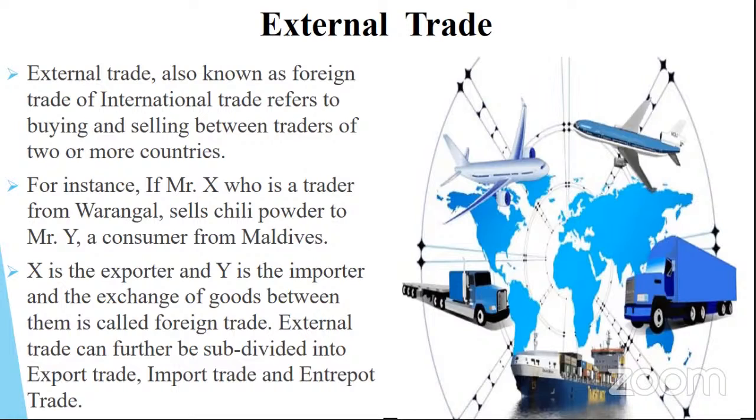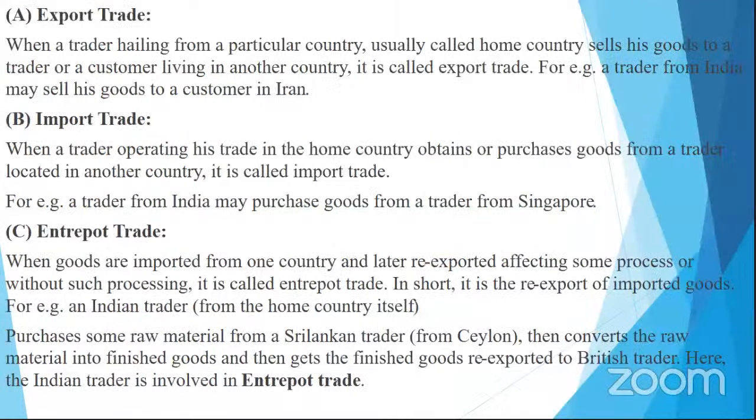This trade can be divided into three types, that is export trade, import trade, and entrepot trade. For example, if we need goods that are not available in our country, then we import them from other countries. For example, petroleum and gold we import from other countries, and that is called import trade.